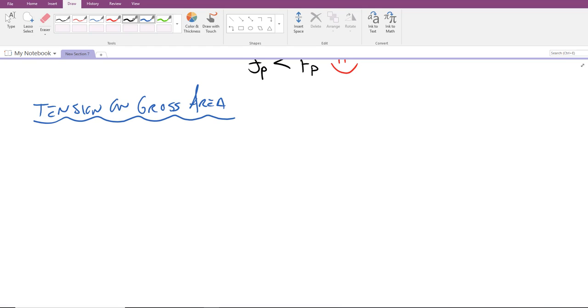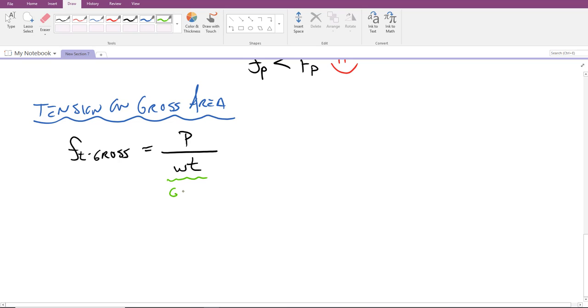So we've got the gross tension equation equal to the point load divided by the gross area, which is the width times the thickness. This is the gross area, or A gross.